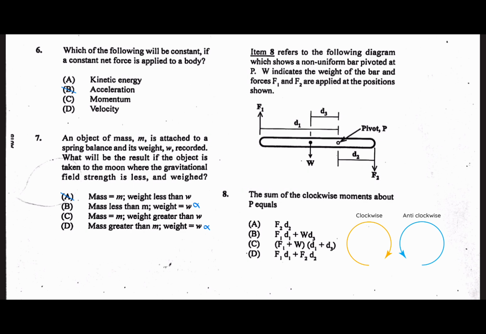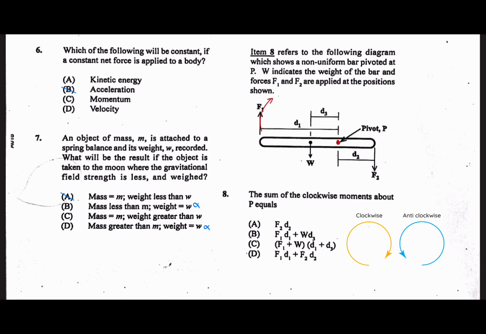Well, we only care about the clockwise, right? So this is the pivot here, right? If I take this non-uniform bar and I pull it upwards, it's going to turn in this manner. And that clearly looks like a clockwise rotation, right? So if you apply an upwards force, if you take the bar and you pull it upwards, it's going to generate a clockwise moment.